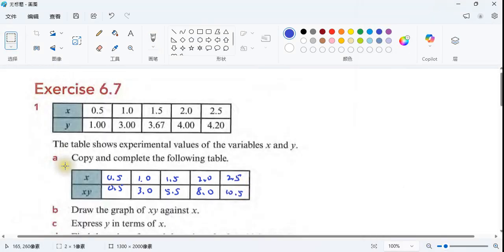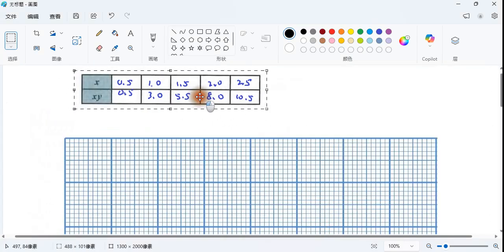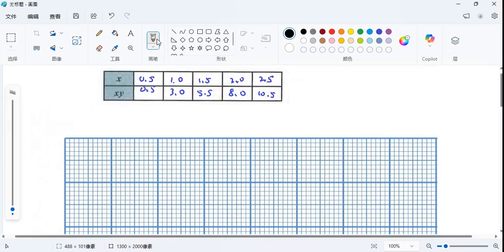Okay, so the question asks us to draw a graph of xy against x. So for the values of x, we have 0, 0.5, 1, 1.5, 2, 2.5 here.